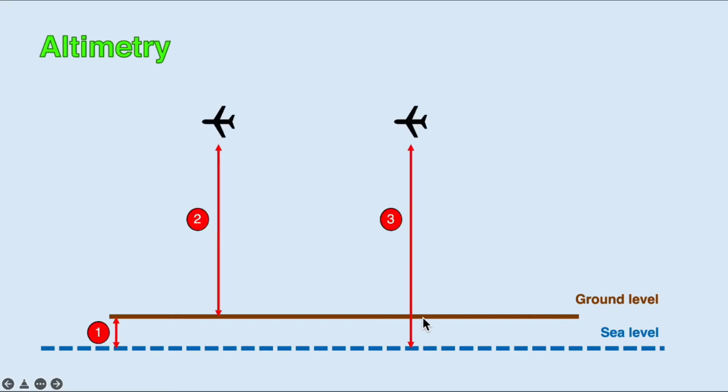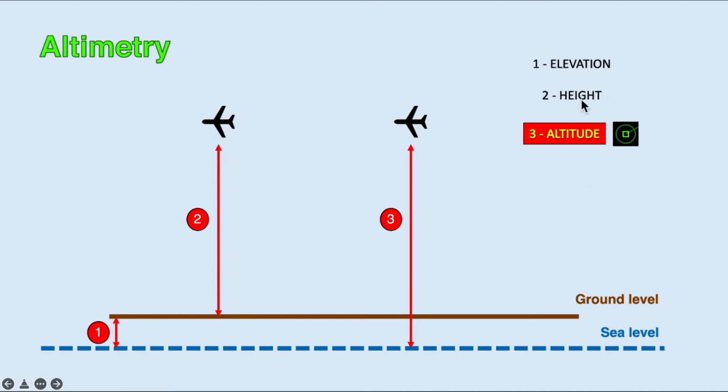So let's see these 3 distances. As you can see, there are different references. Here is the sea level and the ground level, here is the ground level and the plane, and here the sea level and the plane. So when we're talking about elevation, we're talking about the distance between the sea level and the ground level.